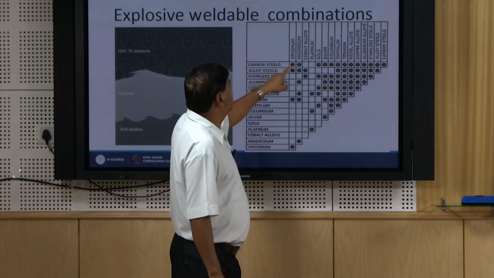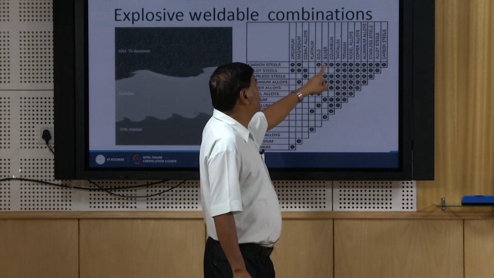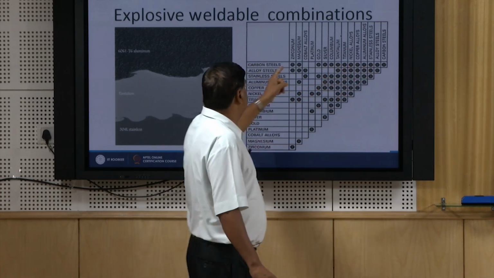Say carbon steel with the zirconium, carbon steel with the magnesium, carbon steel with the gold, silver, columbium, tantalum, titanium, nickel, all these are weldable with the carbon steel.